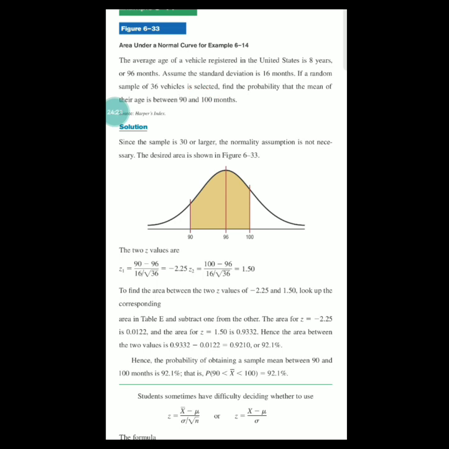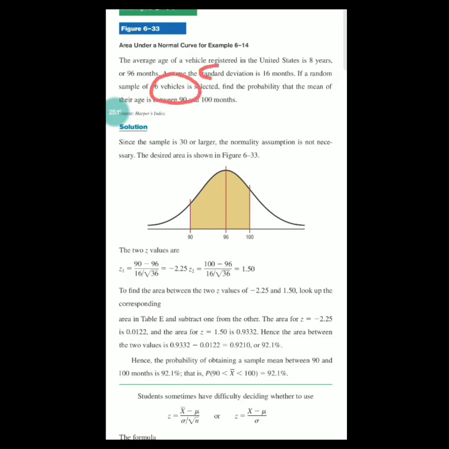So first, let us get the value for 90. Z1 is equal to x bar, which is our sample mean, 90, minus our population mean, 96 months, over 16, which is our given standard deviation, divided by the square root of 36, which is our sample size, the 36 vehicles.